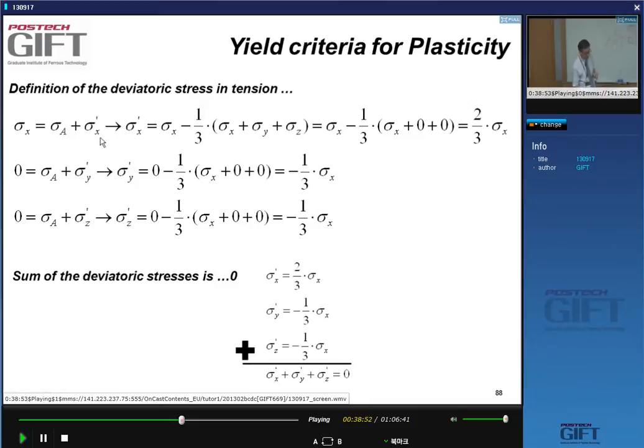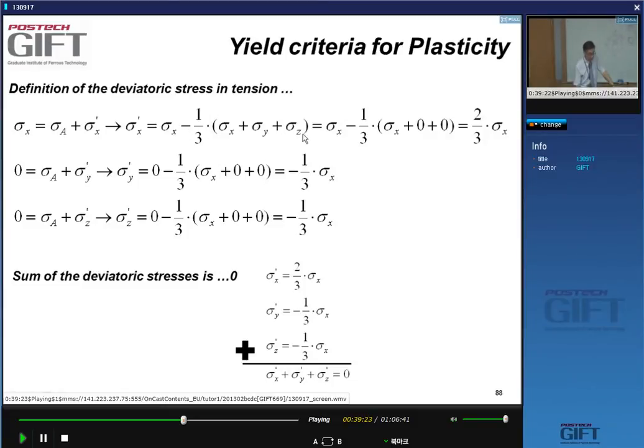Now, the situation we've explained up to now was very general. Let's see what the deviatoric stresses are in tension. We will have, again, our simple tensile test. So the deviatoric stress is sigma x minus 1/3 of sigma x plus sigma y plus sigma z, where in tension sigma y and sigma z are 0, right?